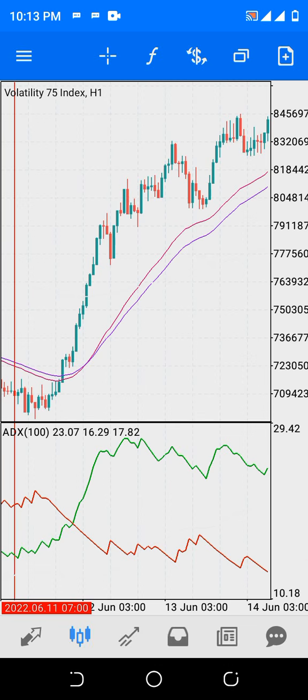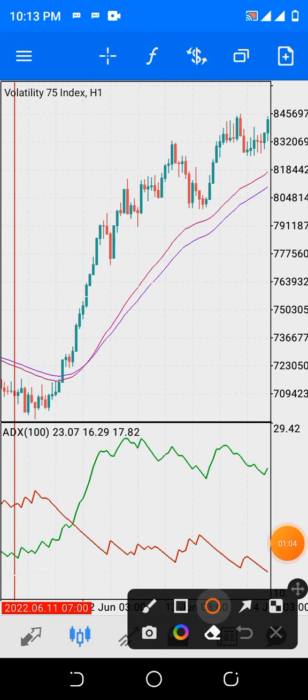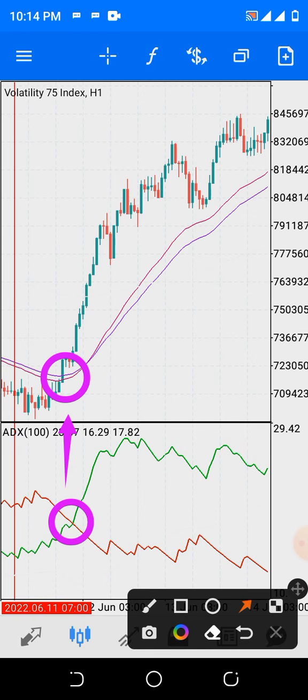When you see a simultaneous crossing between the candlesticks crossing the moving average and, at the same time, the ADX lines are crossing each other at the same time, then that is a profitable signal for you to jump in.